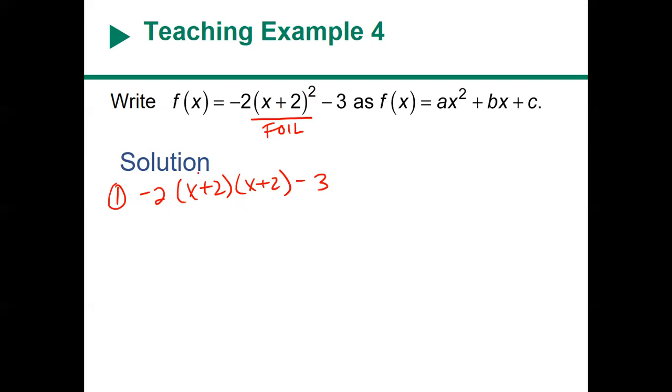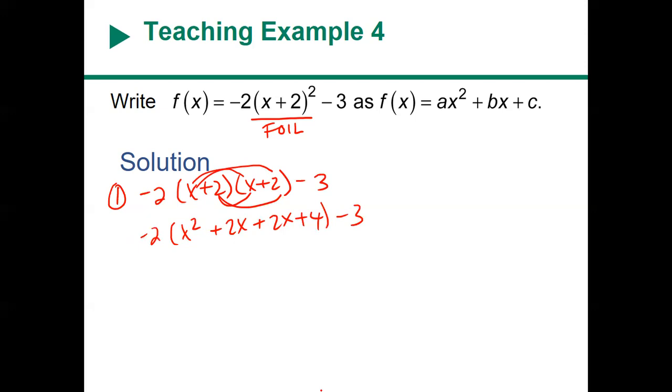So I FOIL or distribute. When I distribute x times x, I get x squared. x times 2, I get 2x. 2 times x is 2x, and 2 times 2 is 4.